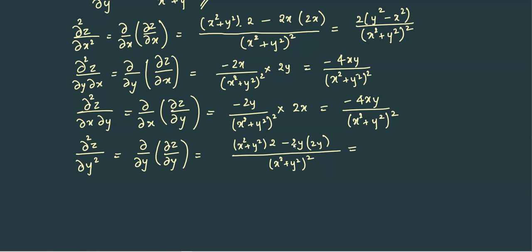So taking 2 common, we'll get x² + y² − 2y². So it is twice of (x² − y²) upon (x² + y²) the whole square. Okay. So these are partial derivatives.